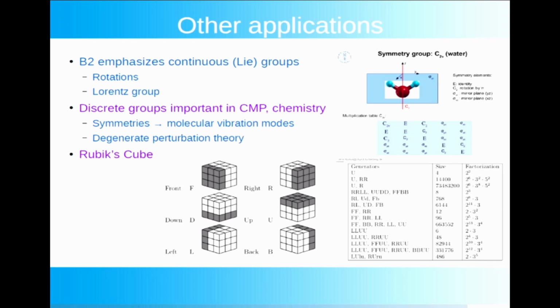Another example of a discrete group is solving the Rubik's Cube, which after all was invented by a mathematician in order to teach his students about group theory. So, you can see, I think this is part of an enumeration of the multiplication table for a Rubik's Cube. People sometimes write papers on this one too, but not as often as SU2 double cover or anything like that.